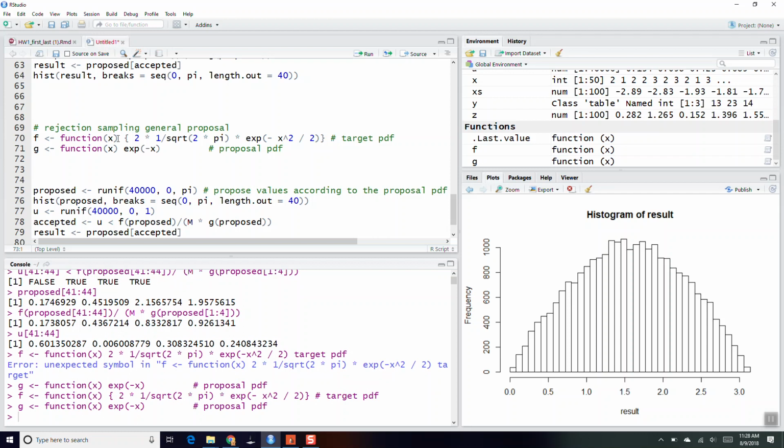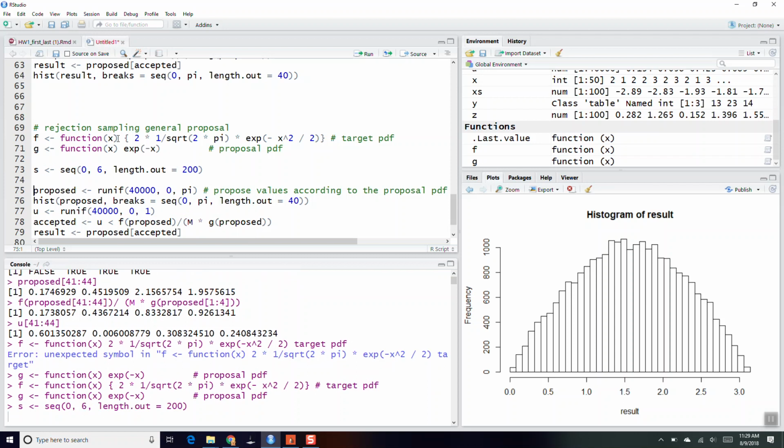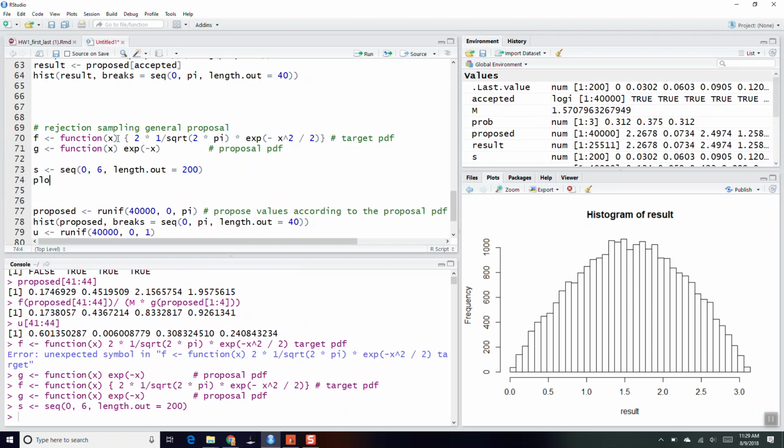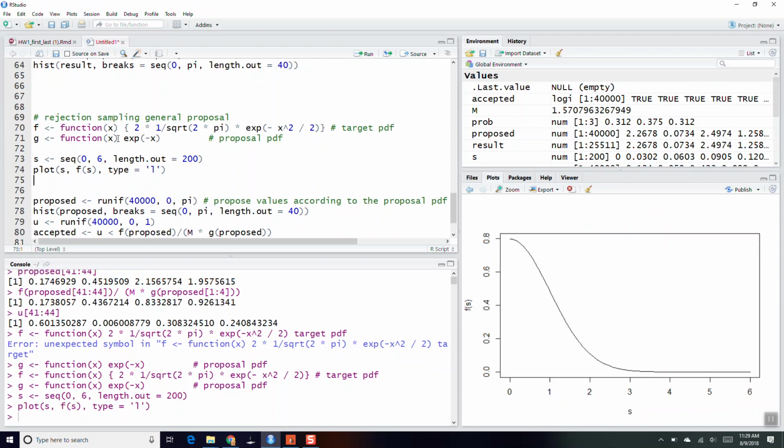And then let's just say S is a sequence from 0 to 6, and then length out we'll do 200. Okay, so let's just plot this. So plot S versus f of s, and then let's add lines S and g of S.